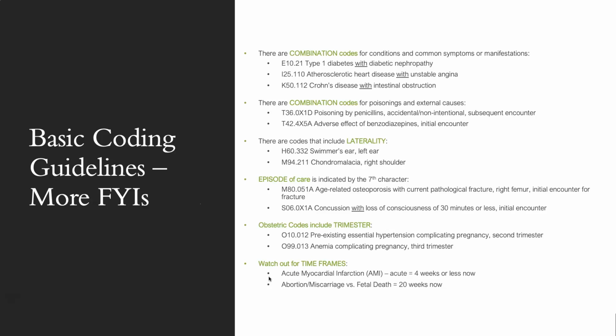Those are sequela. They happen at an acute event, and they remain with the patient long term. When the patient comes in for a future episode of care with that sequela and you code, the 7th character is going to be an S for sequela, or an A because it's an initial encounter, or a D because it's a subsequent encounter. So hopefully that makes sense.